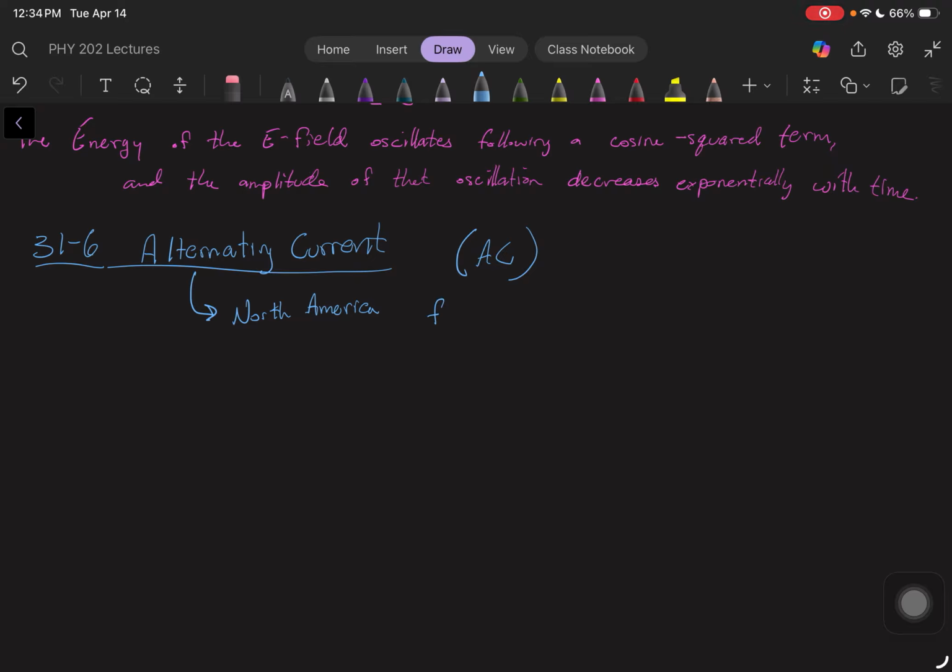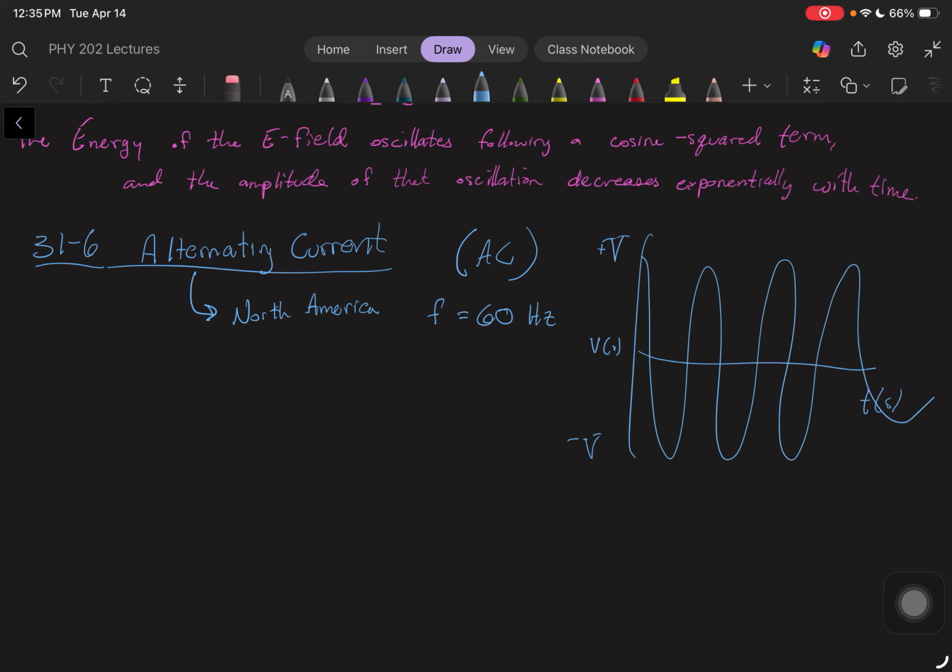And so we have a frequency equal to 60 hertz, which means if you plot voltage in volts against time in seconds, it's doing that, where from here to here is 1/60th of a second, a full oscillation.